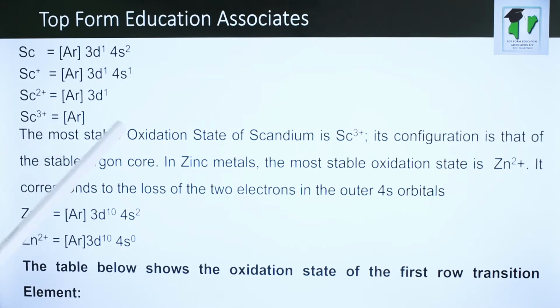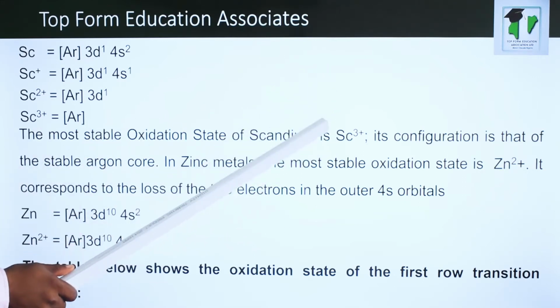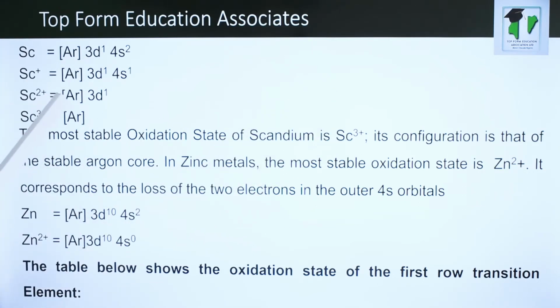The most stable oxidation state of scandium is Sc3+. Like I said earlier on, all the valence electrons have been lost. It has lost 3 electrons, therefore it is stable, and its configuration is that of the stable argon core.